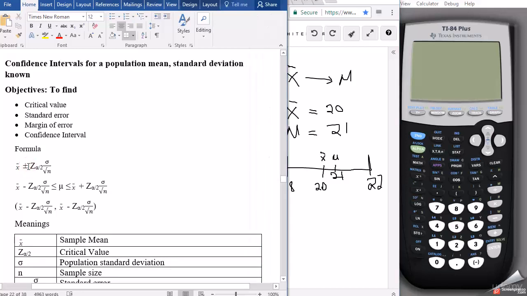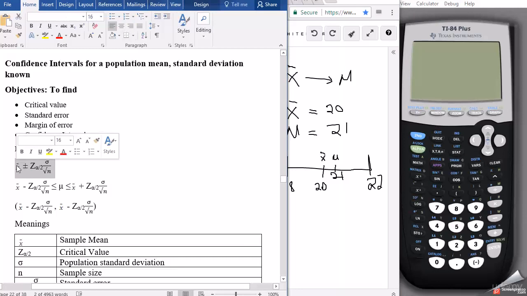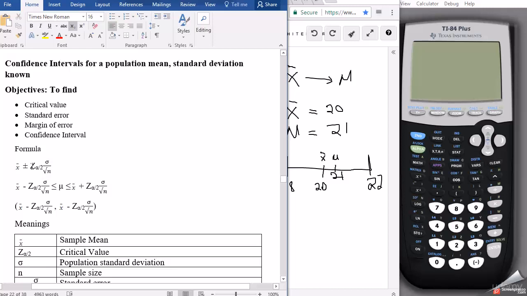Now this is the formula for the confidence interval, where x bar is the sample mean, z alpha over 2 is the critical value, and the population standard deviation, that's sigma, divided by the square root of n is what we call standard error. So when you multiply the critical value and the standard error, you get the margin of error.